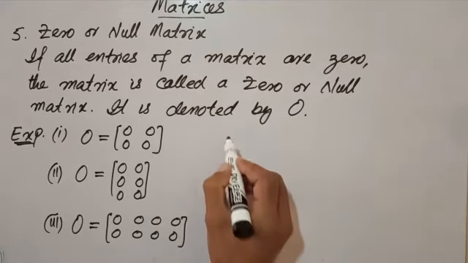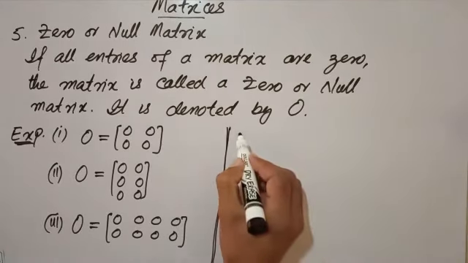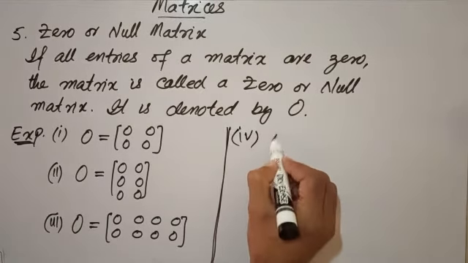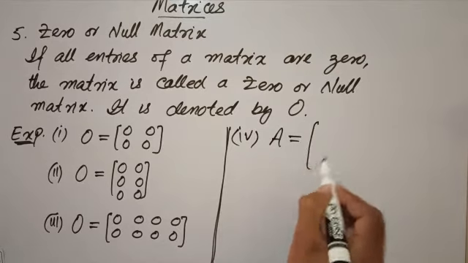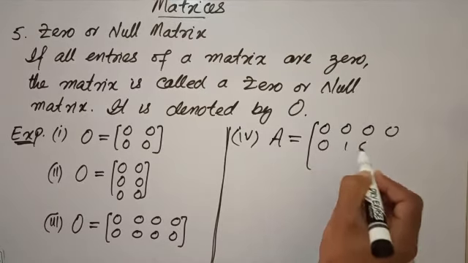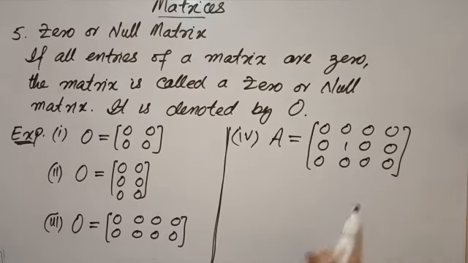If we have a single entry which is not zero, like in a fourth example, for example, we have a matrix A: 0, 0, 0, 0, 0, 1, 0, 0, 0, 0, 0, 0 and 0.